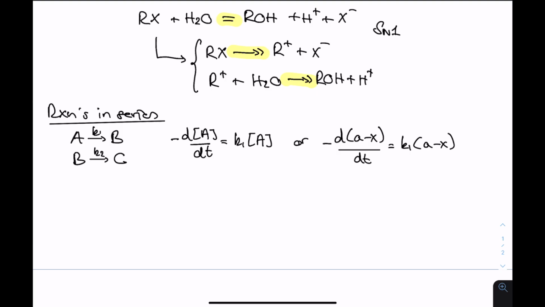For that we know that the concentration of A will be A times exponent minus k1 times t.